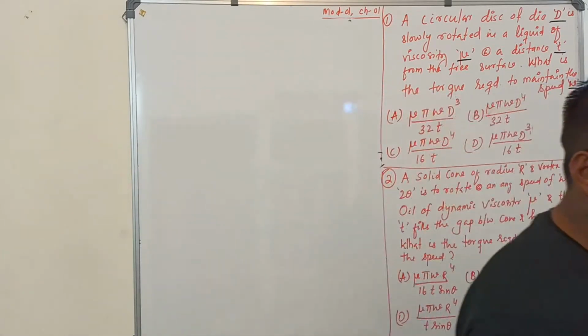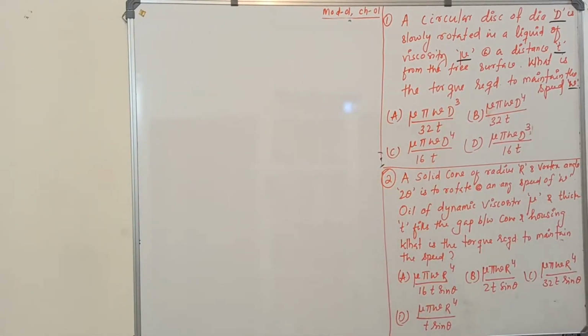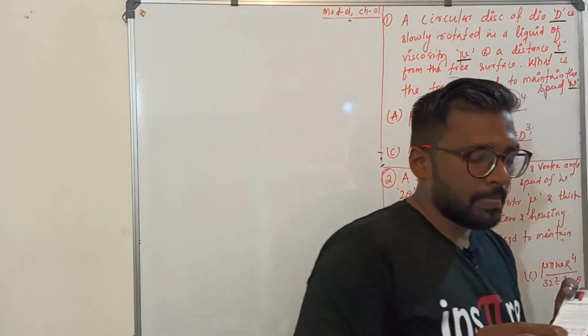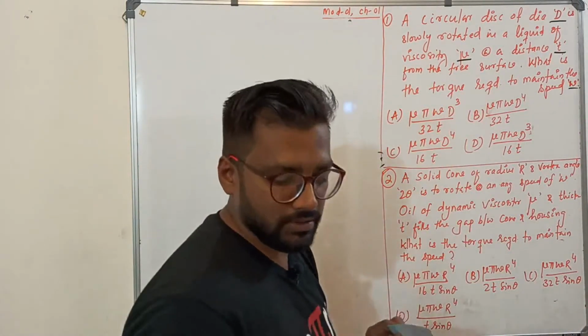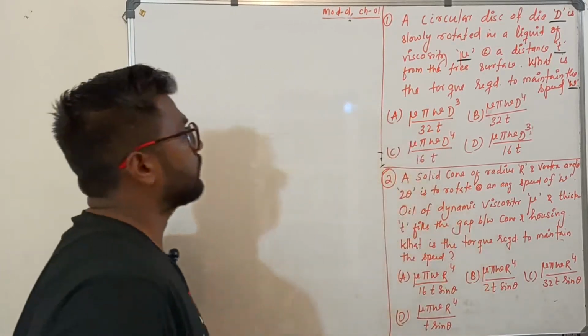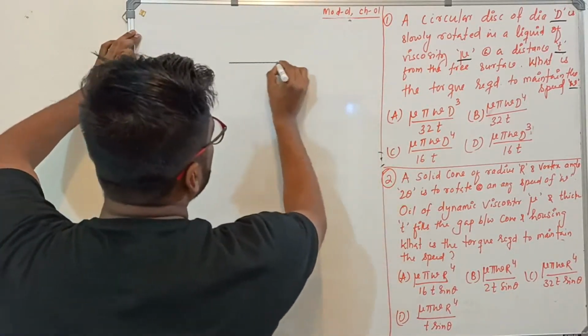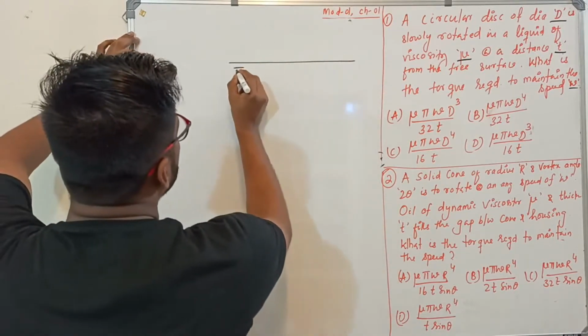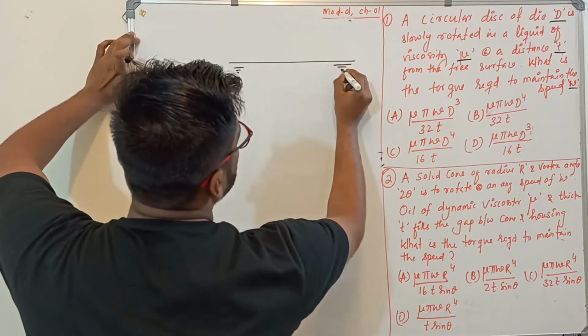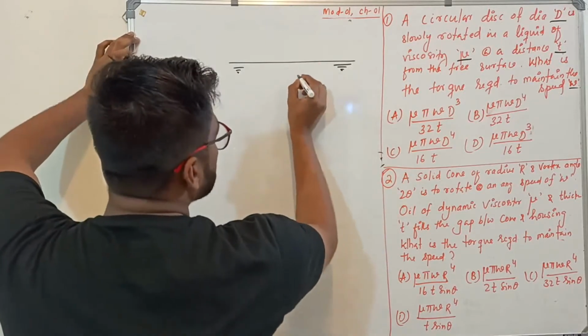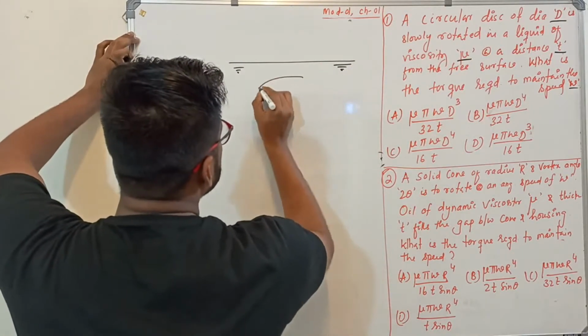First we need to see how this is set up. We have a free surface, and at depth t there is a disc.